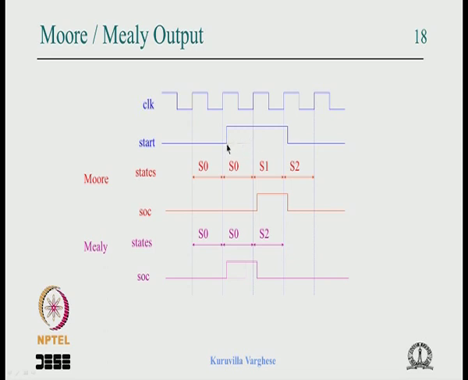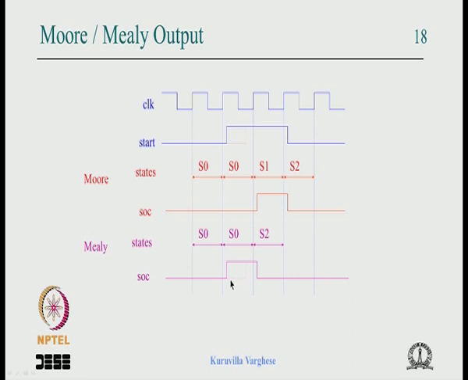Suppose the start is coming very close to this positive edge. Then the SOC becomes a kind of glitch. We said that there is no great timing restriction on SOC, in the sense that it can be a narrow pulse, but if it is very narrow it may not be detected, or it could be thought of as some other output, not SOC.